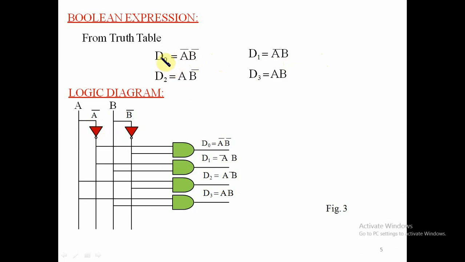The first one, D0, is an AND gate with A bar B bar. Next equation, D1, is A bar B. Third one is D2, that is A B bar, and D3 is A B. And this is the logical diagram of the 2 to 4 line decoder.